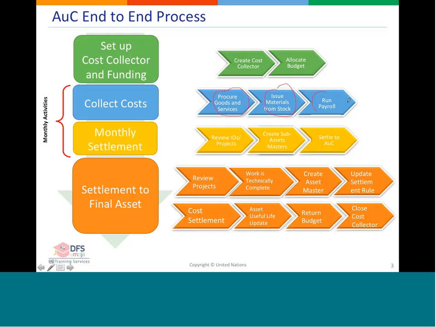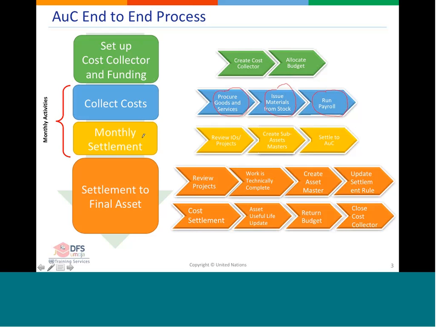And also, in case that we have hired some staff that will work entirely for the project, and therefore the salary needs to be paid from the project, we will run some payroll. Basically, in a nutshell, these are the three main sources of costs that will be charged against the project.